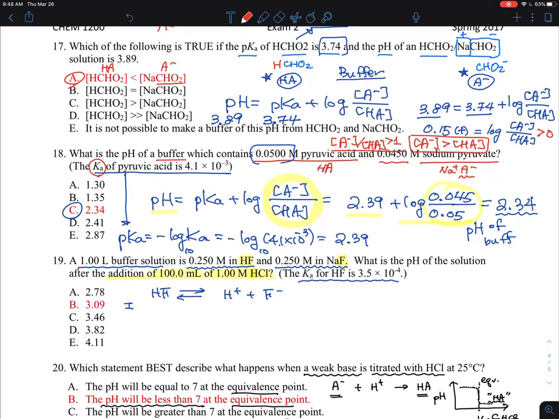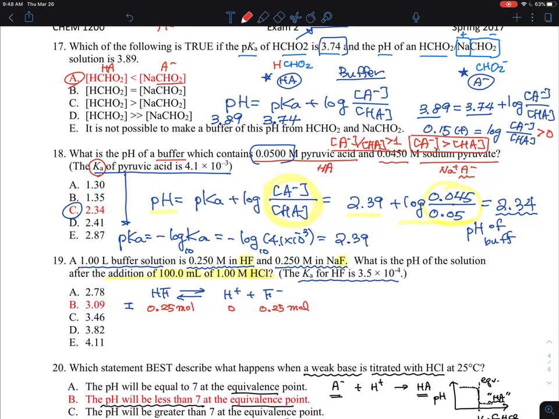So you have 0.25 mole, and you don't put anything for H plus yet, and then you put 0.25 mole for F minus.